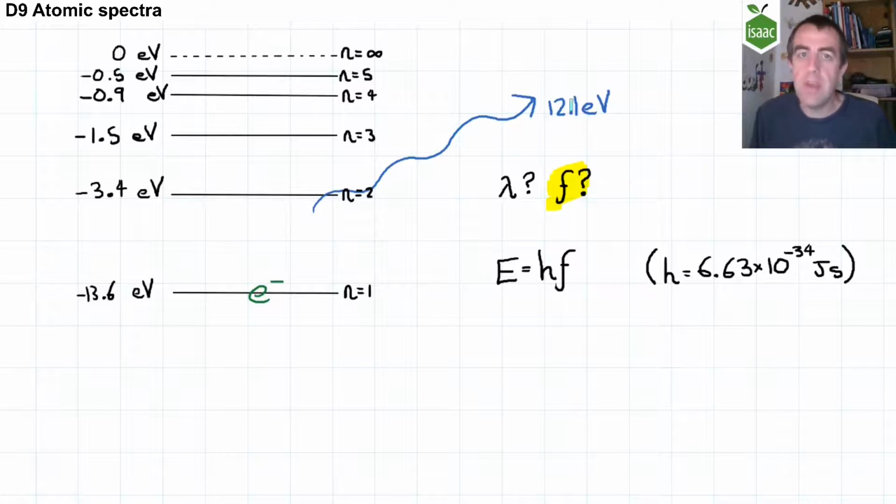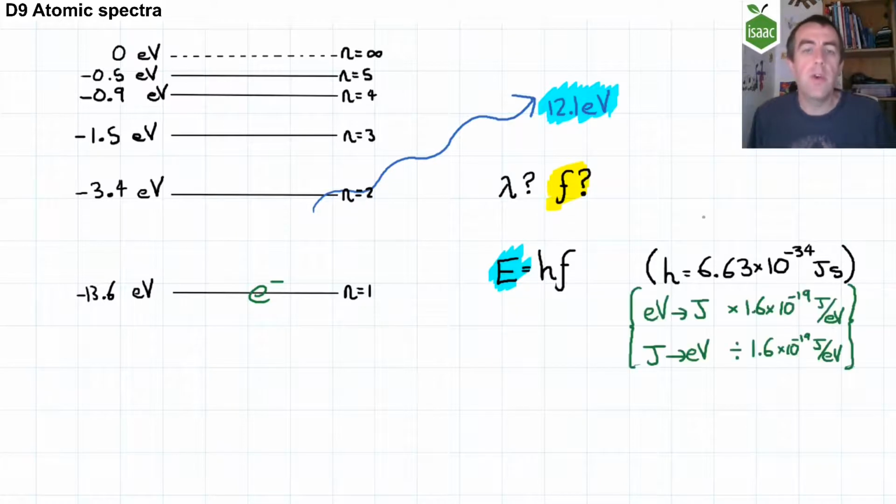However, we have to be careful because the energy is given in electron volts, and in this equation we need to have the energy in joules. To convert energy from electron volts to joules, you multiply by 1.6 times 10 to the negative 19 joules per electron volt.